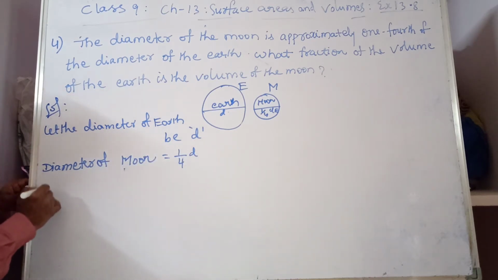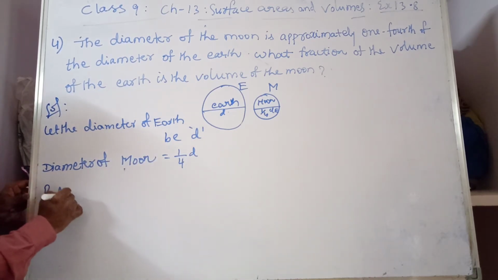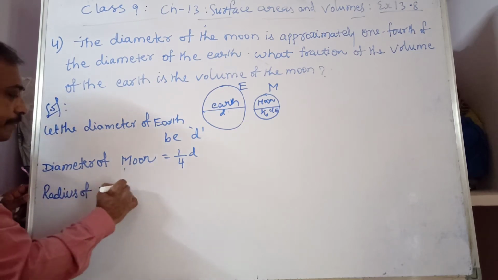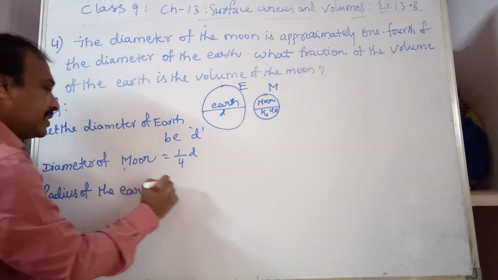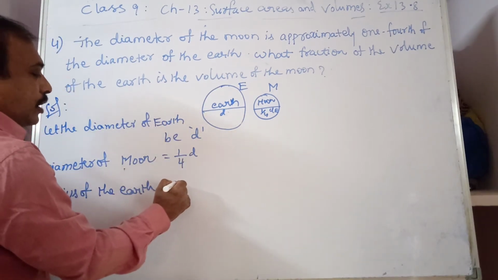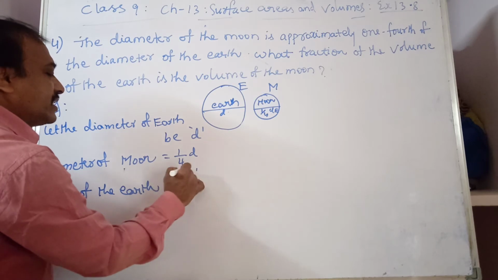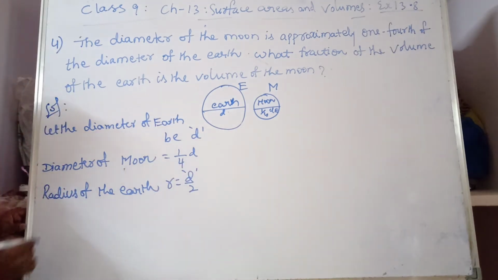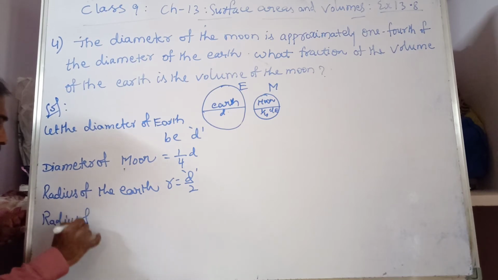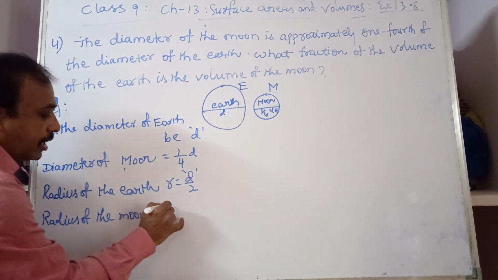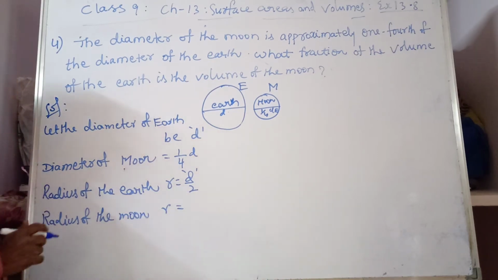Now the radius of the earth is equal to, radius means what? Which is nothing but r, which is equal to d by 2. This is the radius of the earth. Next, the radius of the moon.